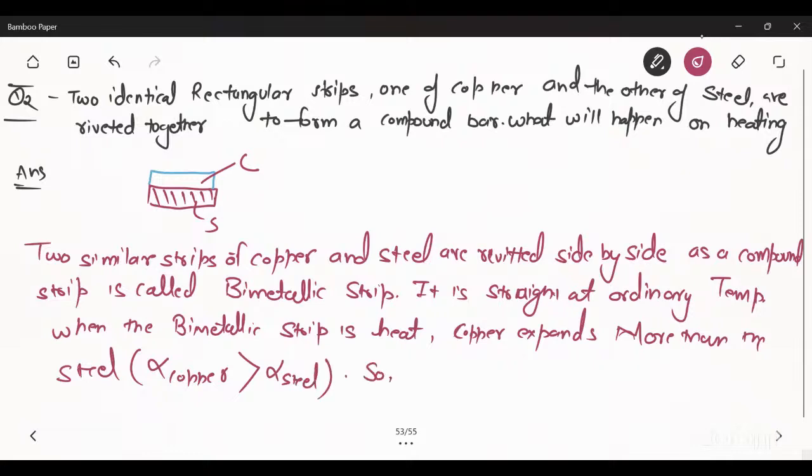So it bends with copper on the convex side.